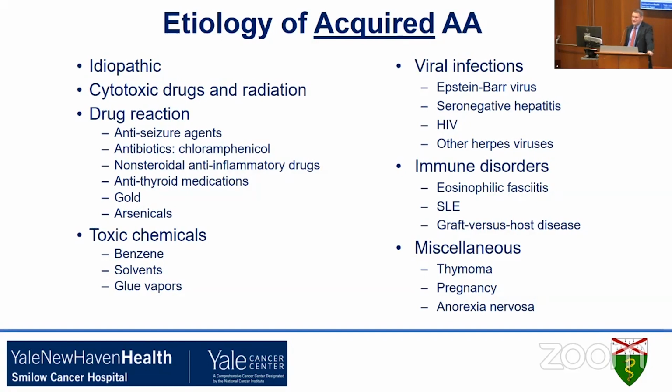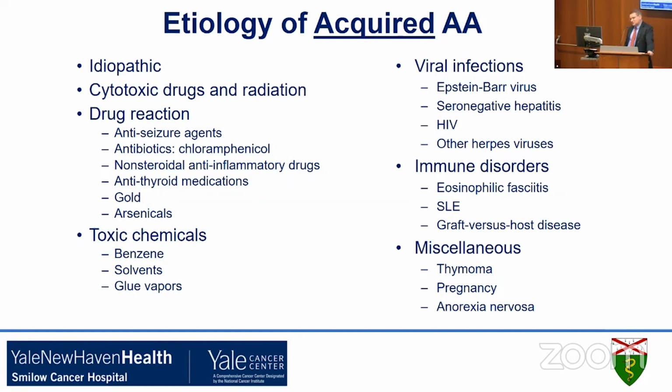But sometimes these medications can trigger an immune response from the patient's immune system, which doesn't stop even after the medication is discontinued, and damage to the marrow continues due to that triggered immune system. Toxic chemicals like solvents can cause damage to the marrow, as well as different types of infections, specifically viral infections listed on the right side.